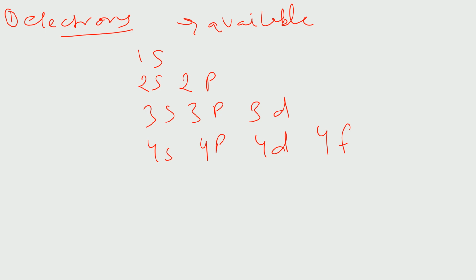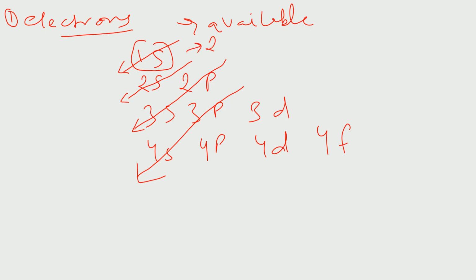So first the electrons will occupy 1s, then 2s, 2p, 3s, then 3p, 4s. And each orbital can hold a maximum of 2 electrons only.